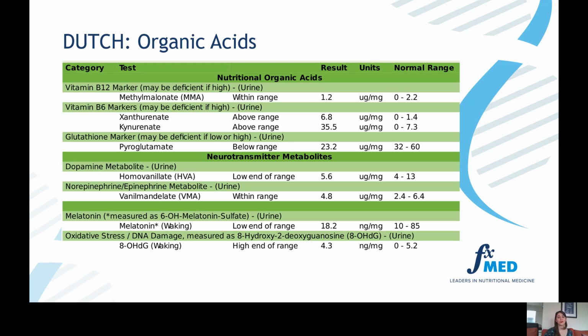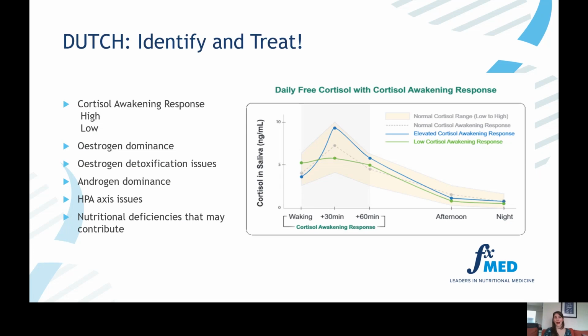So going back to our main aim of identifying and treating, how does the Dutch help us identify what is going on and make choices about how to support this person with their health journey? So part of the really amazing thing to explore in the Dutch Plus is the cortisol awakening response. So this could be normal, could be high or low.